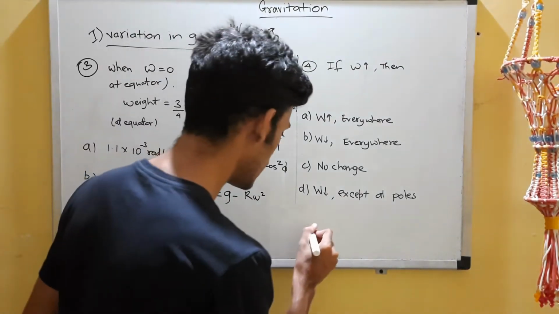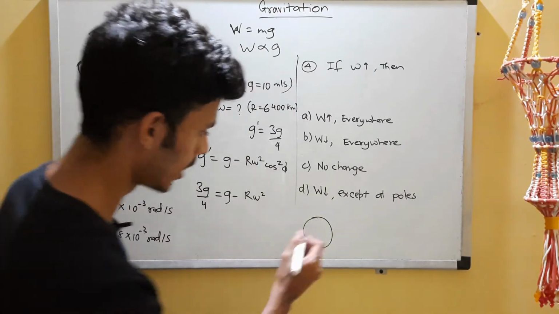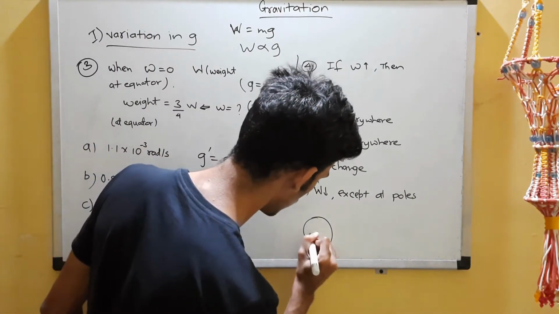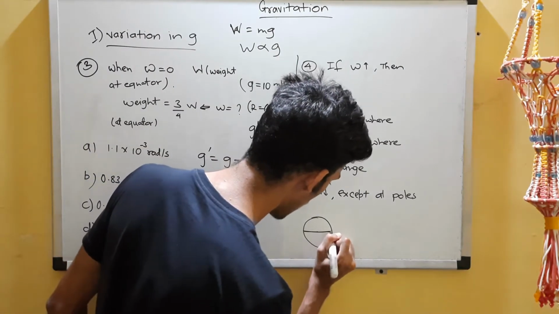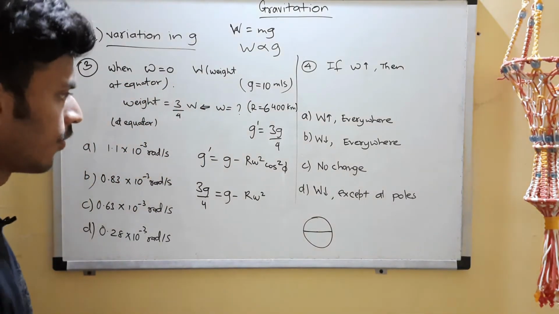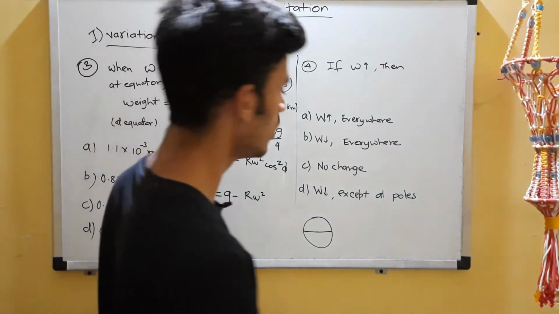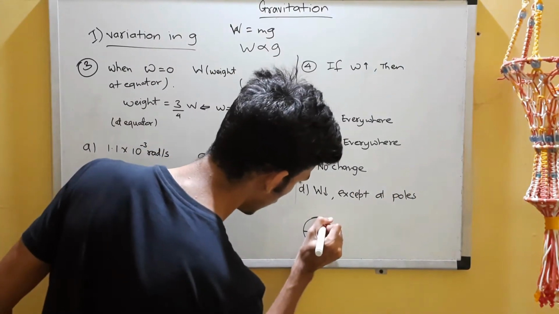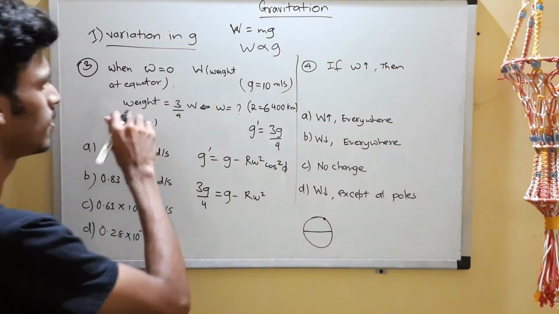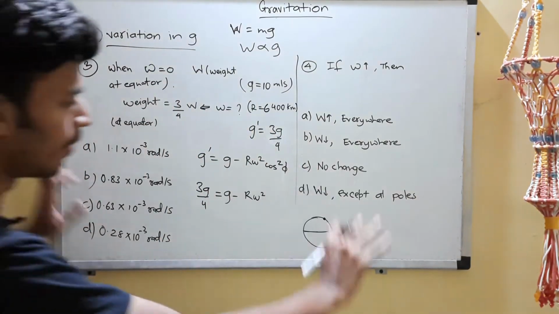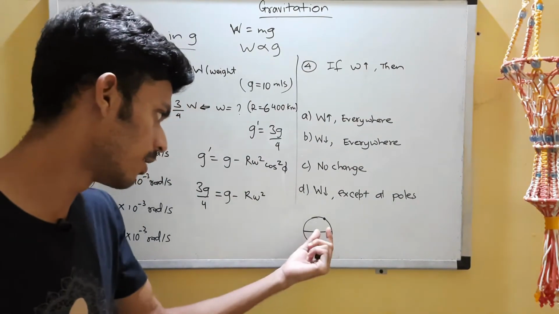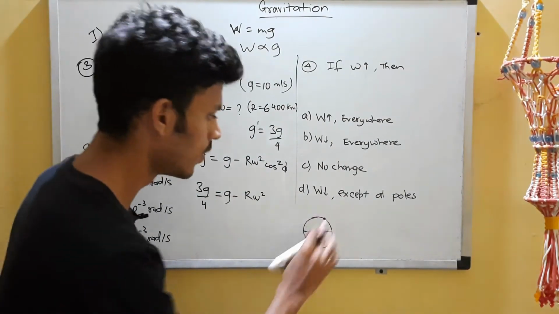Now phi is basically, you can imagine this in 2D. This is earth, suppose this is the center of the earth, and you can imagine this diameter. So phi is basically the angle. Suppose our particle is placed over here. In this case of course it's placed at the equator, but let's take a general case where the particle is placed somewhere over here on earth.